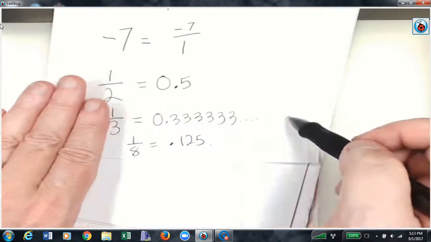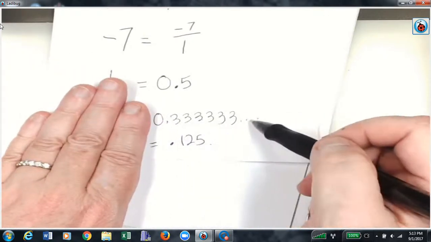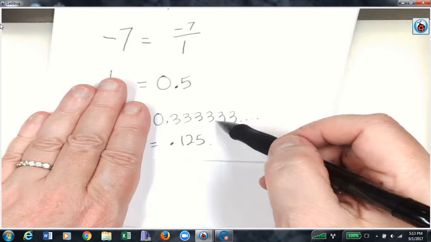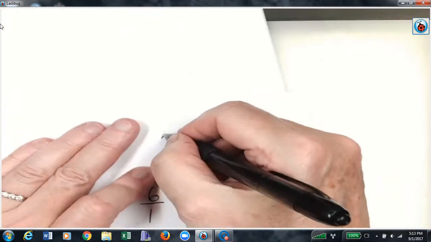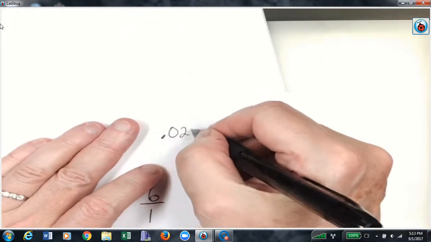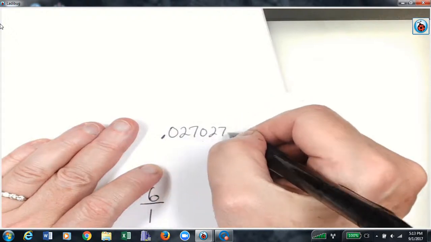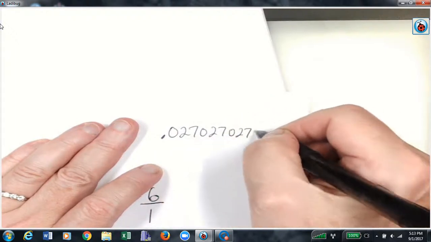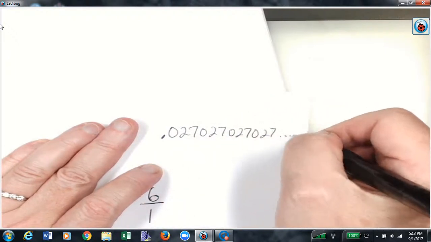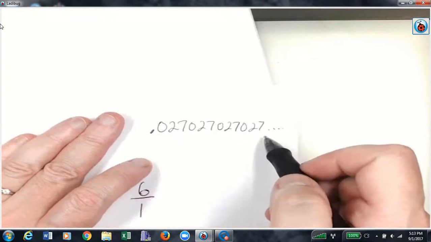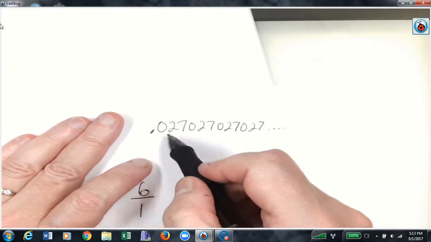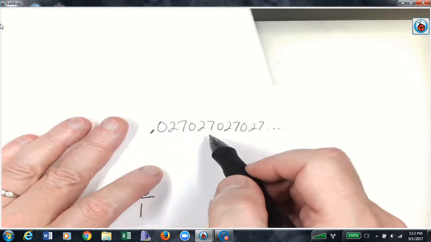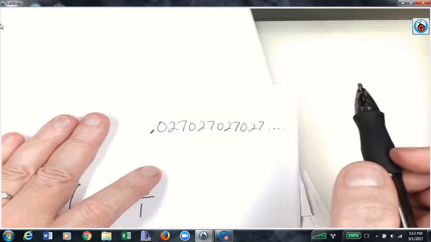If I saw this, I would say, yes, that is a rational number because it does have an infinite expansion, but there is a pattern to it. That will be a rational number because it is an infinite expansion, but it does have a pattern to it. So it will equal some fraction.